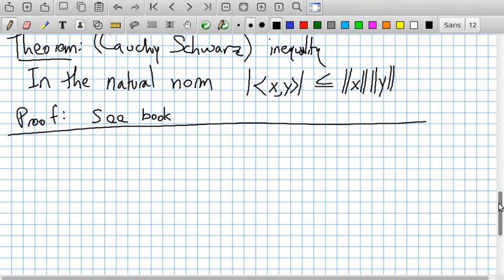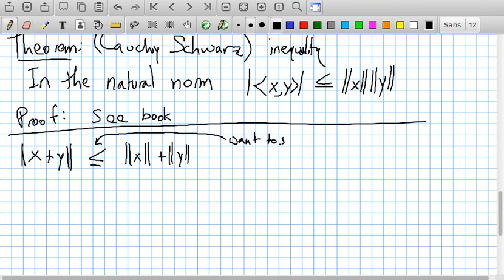So, why is it? Well, let's take a look at x plus y, and we'd like it to show, this is a want, and the proof of this is a standard kind of proof in this case.